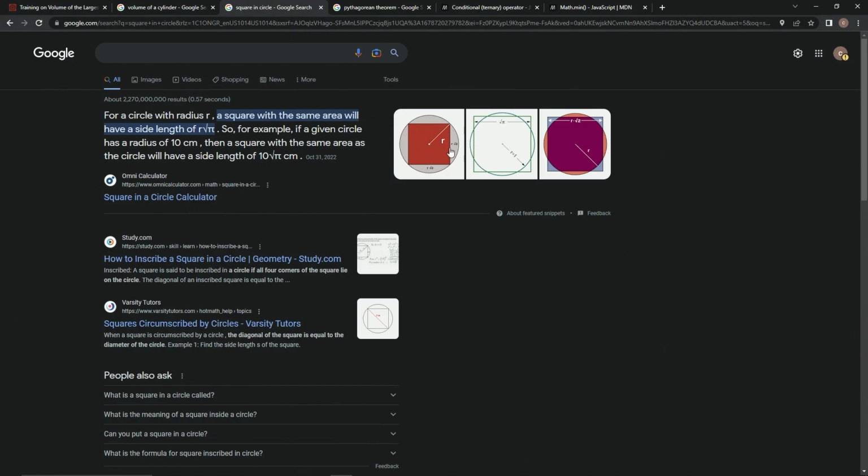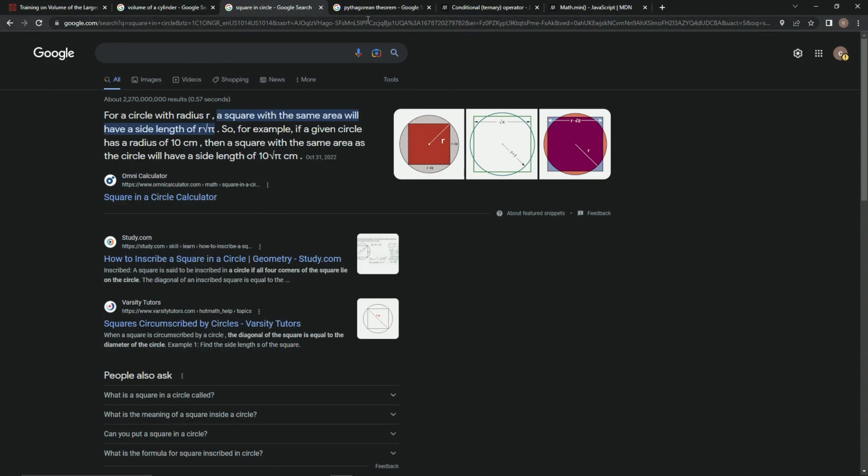No matter what, the hypotenuse of these 2 right angle forming sides is going to be 2r. It's going to be r plus r, so it's going to be 2r.